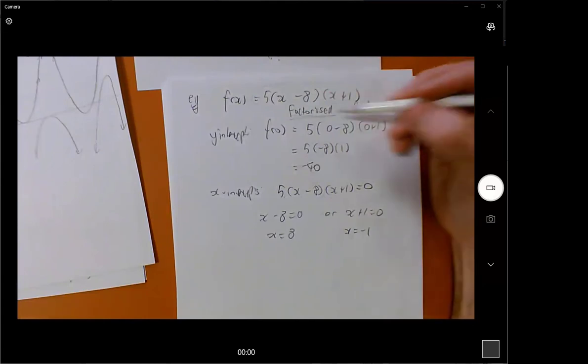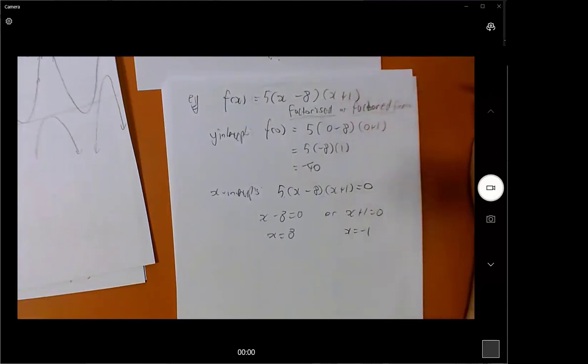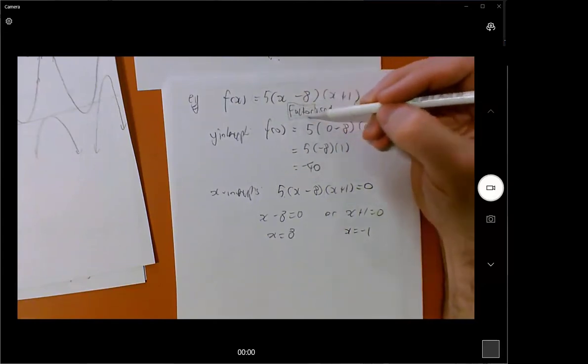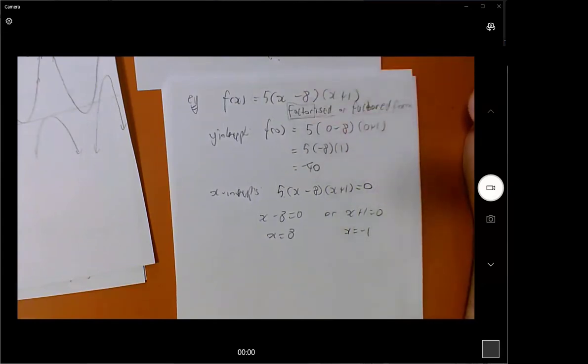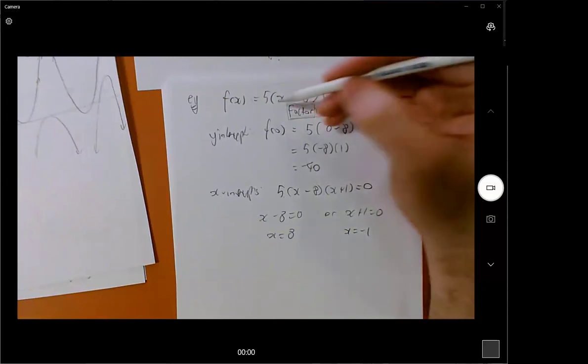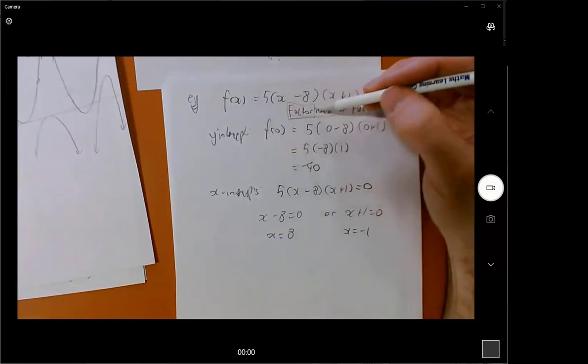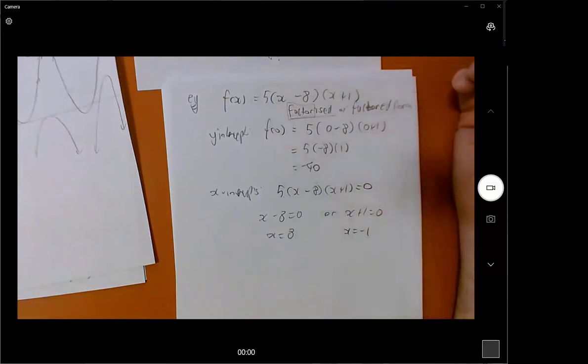The Americans, if they wrote this, they put a Z there, but they don't write factored. The reason it's called factorized is because the word factor means thing that is multiplied to produce the answer. And so I have written it as things that are multiplied. That's why it's called factorized. And the act of factorizing a quadratic equation can be quite difficult.